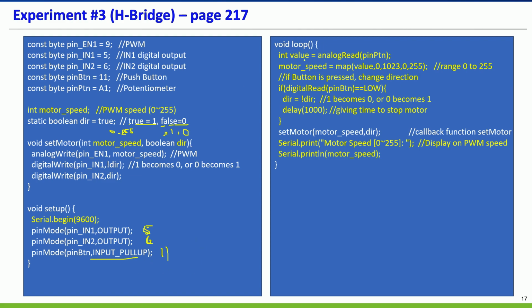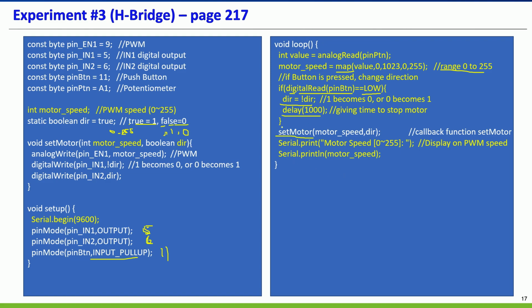And in void loop, you first read the potentiometer and, using the map function, change it to the range 0 to 255. And then if the button is pressed, change direction. Of course, if the digitalRead of the button pin equals 0 or equals LOW, change direction. And then give time to stop the motor with a delay of 1 second.